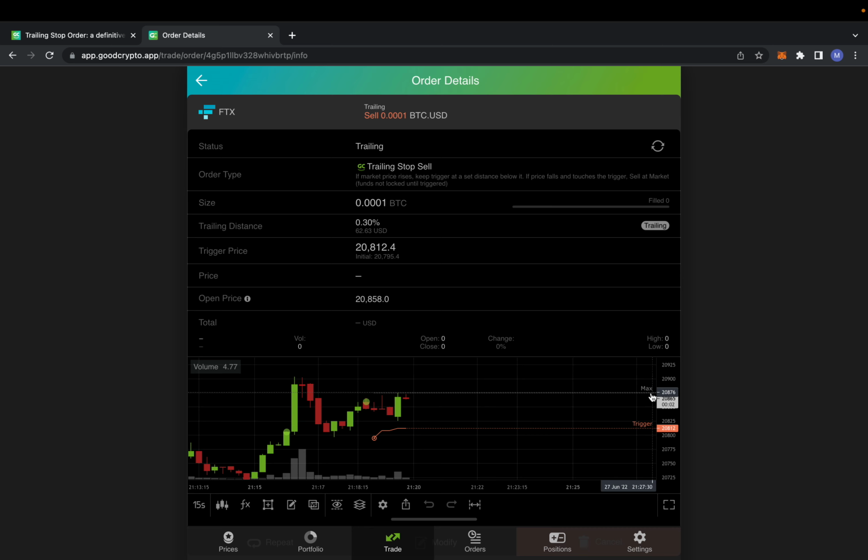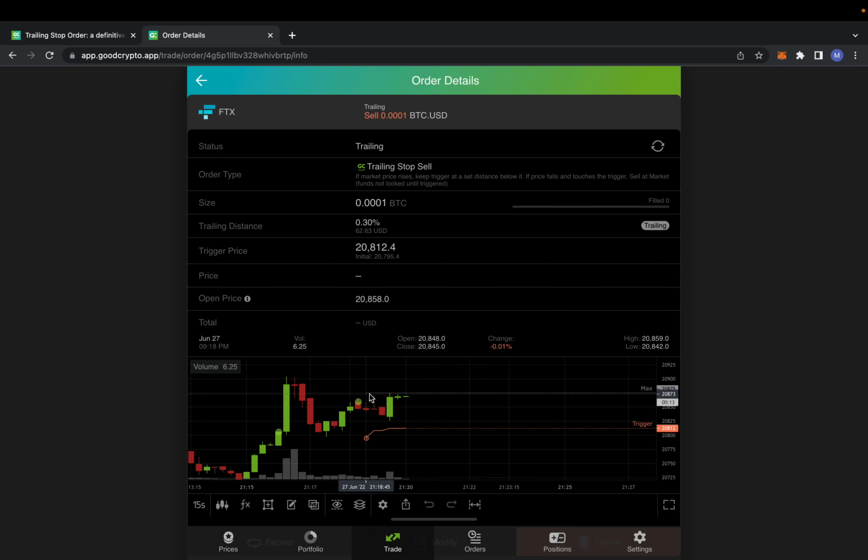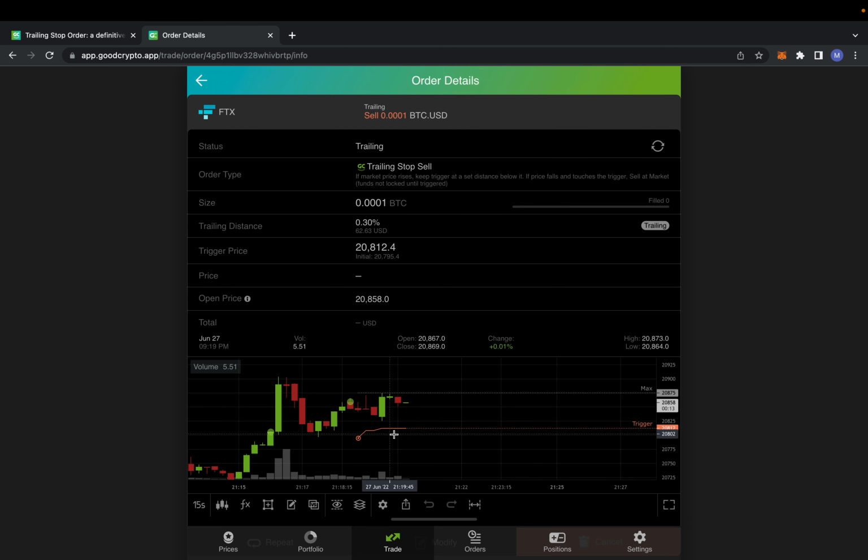Here we denote the maximum, right? It's a local maximum, the maximum price that was reached after the order was sent. So if you see where the trigger is, the trigger is at the chosen trailing distance from the local maximum reached by the price after the order was sent. You can see here, right?